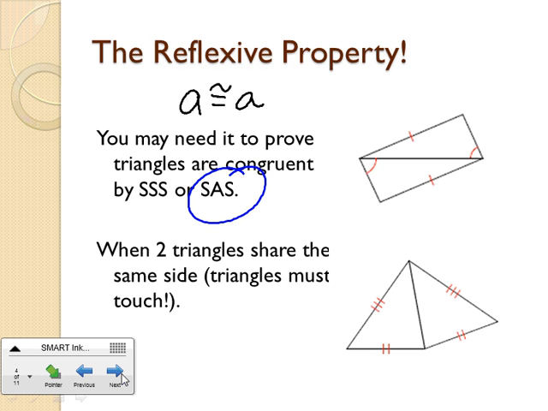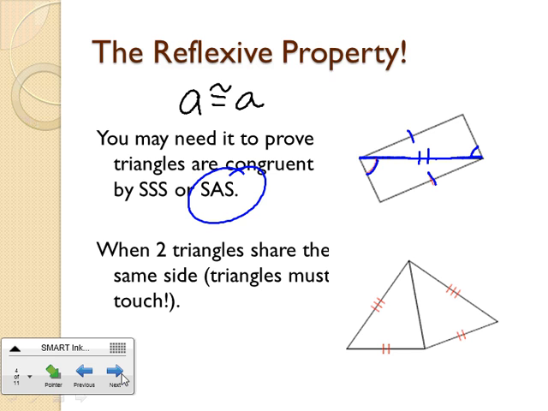So in this picture, we know a side by our notation marks, and we know an angle. If we want to say something is congruent by side, angle, side, we're going to need to figure out another side that's congruent. And you can see that these 2 triangles share the same hypotenuse. And so that side is congruent to itself.